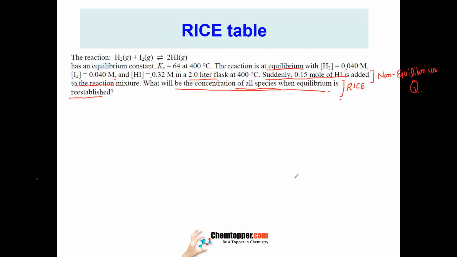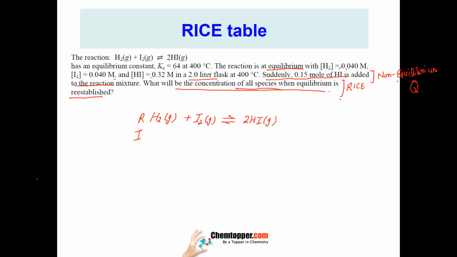So ready for the rice table again? Reaction given here: H2 gas plus I2 gas giving you 2HI gas. Initial, children, can you give me the initials here? In non-equilibrium, not in equilibrium.